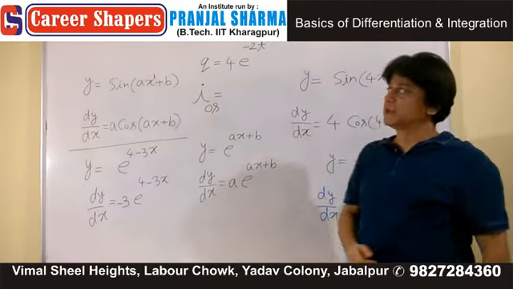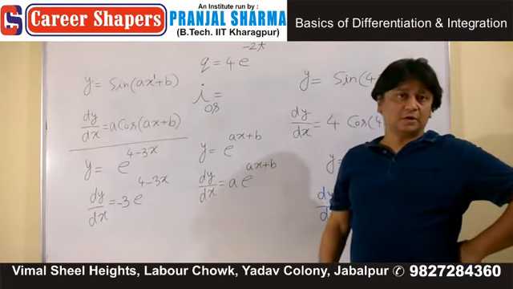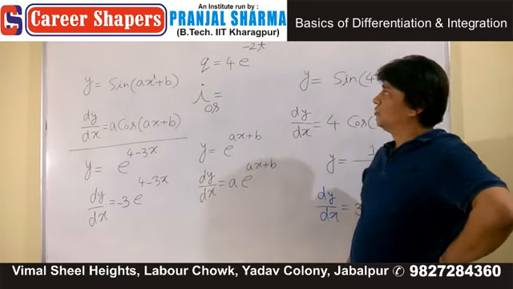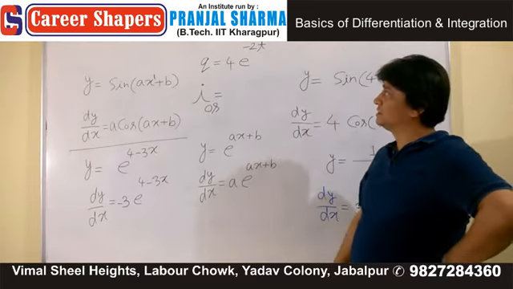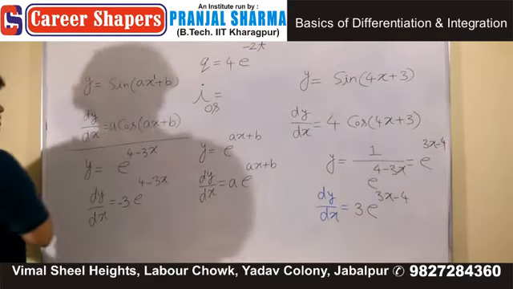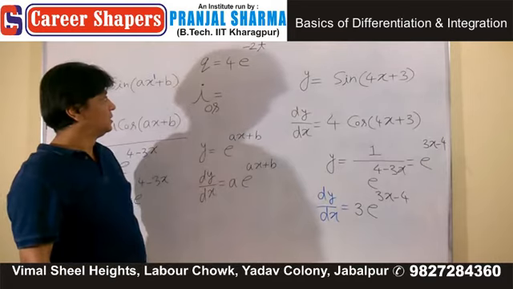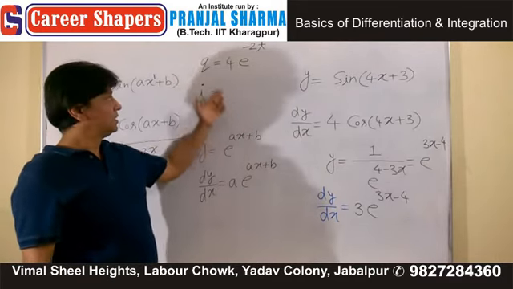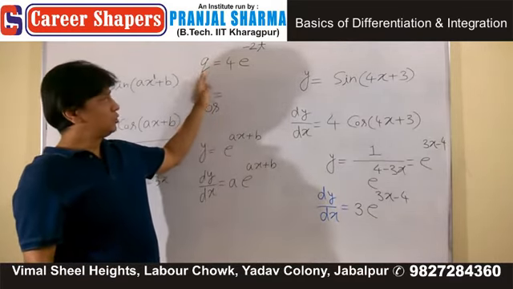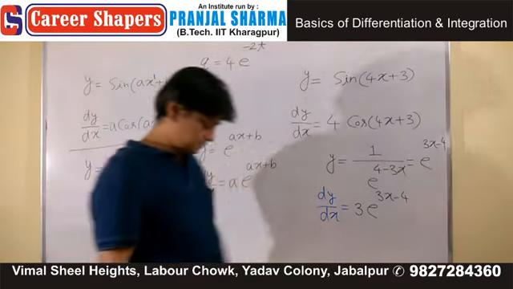In an electric circuit, charge flowing through a resistor is given by Q equals to 4 e to the power minus 2t.